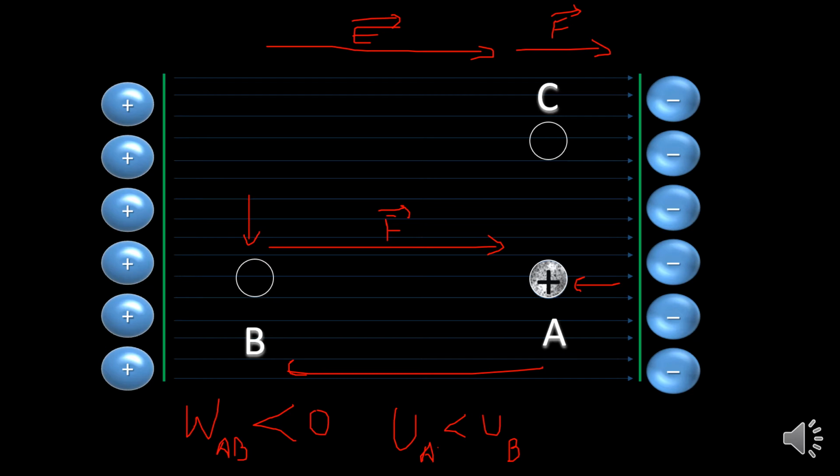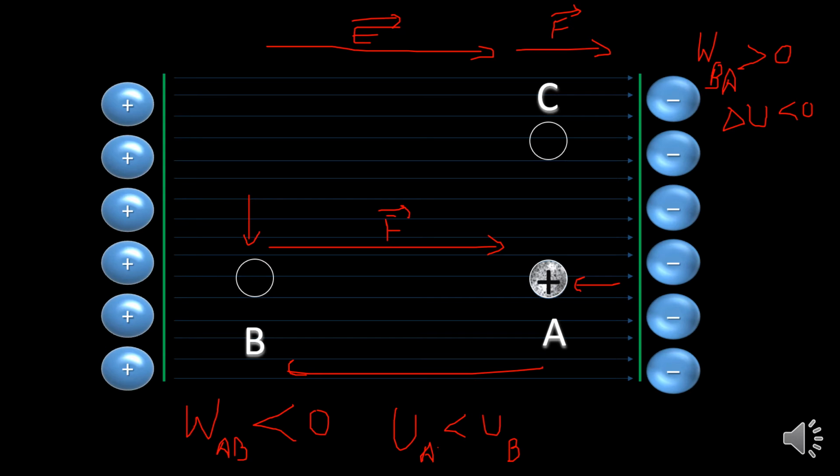Charge can always boast of it, and if work done by the charge is positive, if we say that WBA, work done by charge to go from B to A, is positive, what will happen to the potential energy? Its potential energy will decrease. Change in potential energy will be negative. It means compared to B point, at A point potential energy will be less.